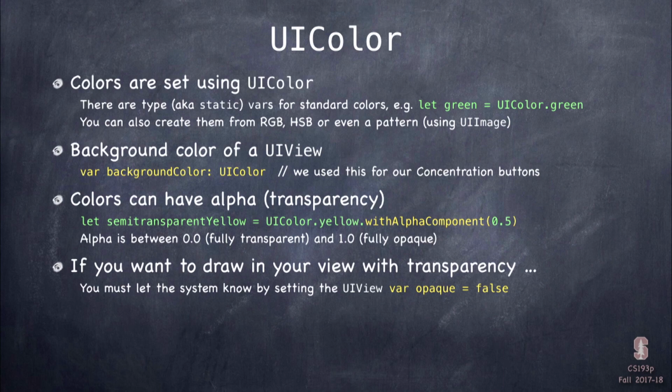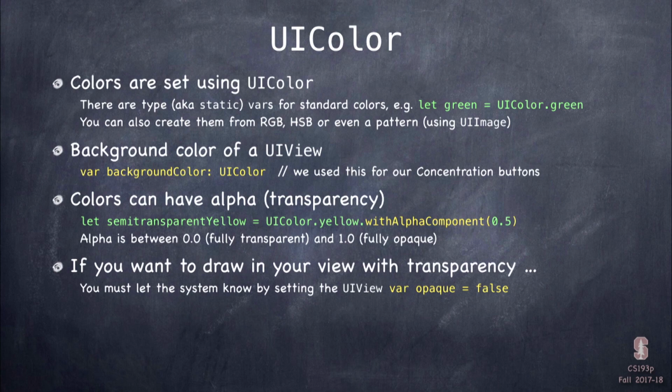Well, imagine how much more CPU and GPU intensive it is to draw with transparency, because now the views behind you have to be composited with your bits, okay? And you know the compositing, not cheap, all right? Your GPU has a lot of work to do there. So that's why the system assumes everything's opaque and that every overlapping view doesn't have to be composited. And so if you want to draw with transparency, which is fine, it's legal, it's not that expensive that you would never want to do it, but just make sure you set this opaque to false.